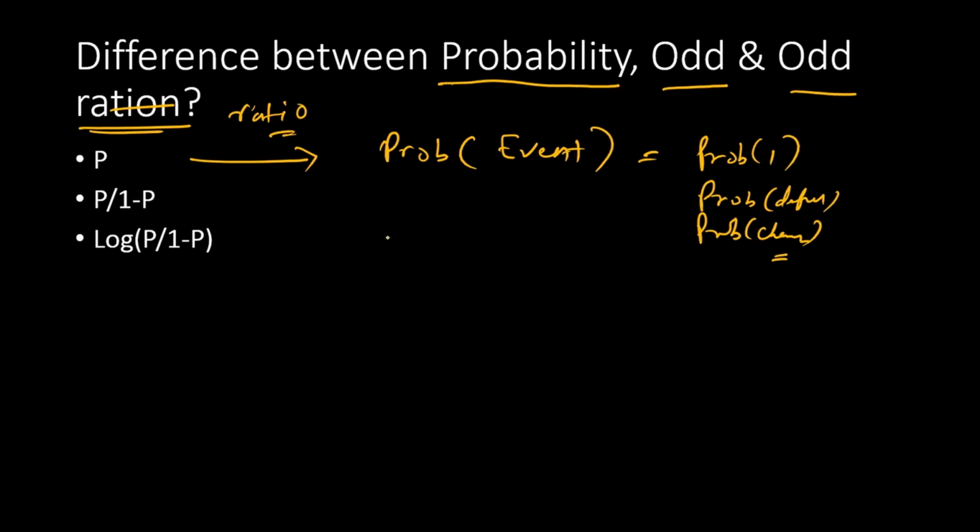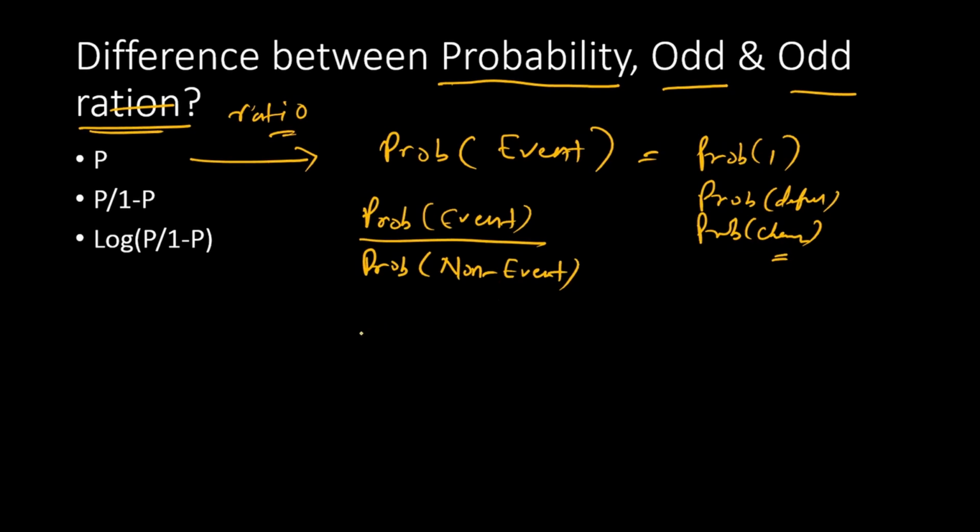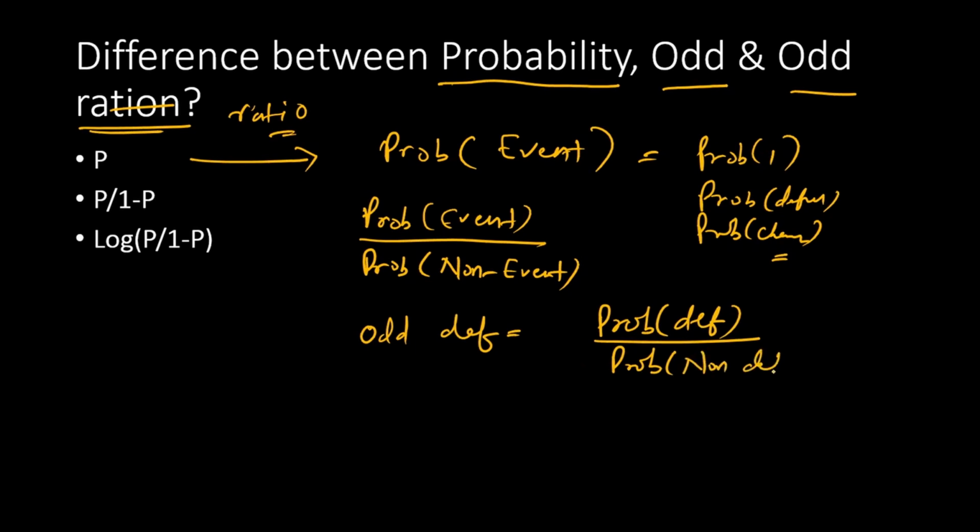So what is odd then? Odd is the probability of the event divided by the probability of the non-event, or the event not happening. In the case of default, the odd of default is nothing but the probability of default divided by the probability of not default.